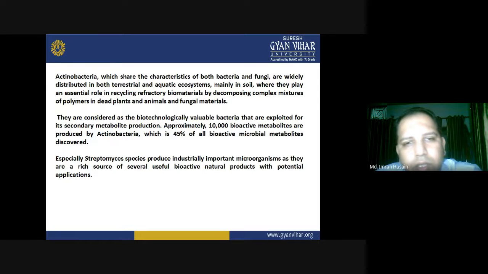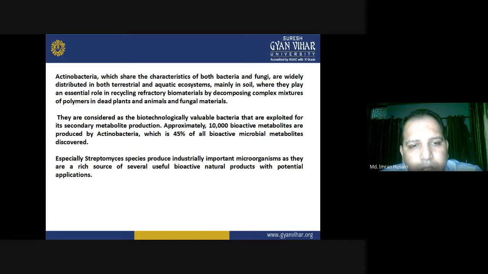Actinobacteria, which share the characteristics of both fungi and bacteria, are widely distributed in both terrestrial and aquatic ecosystems, many in soil, where they play an essential role in recycling refractory biomaterials by decomposing complex mixtures of polymers in dead plants, animals and fungal material.